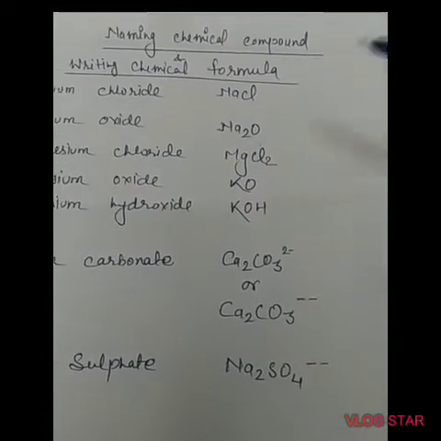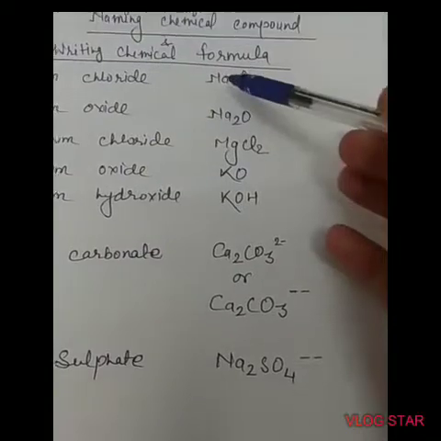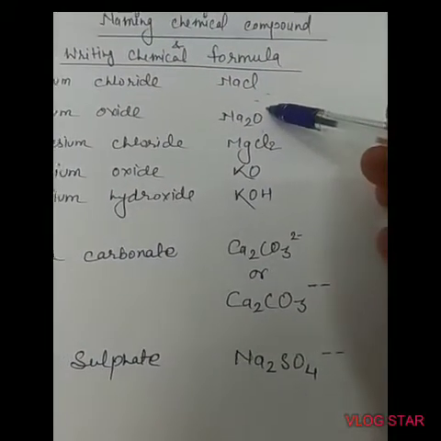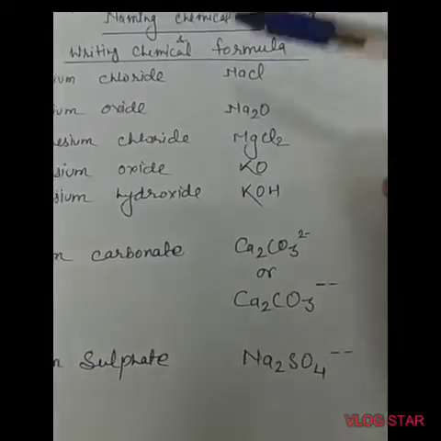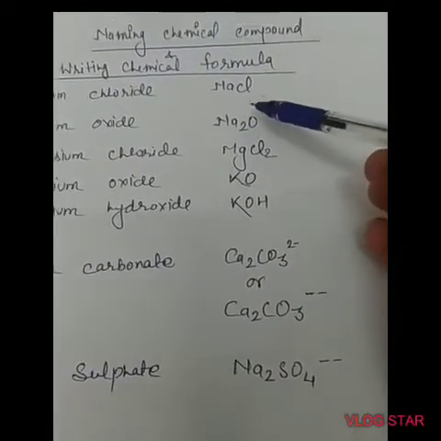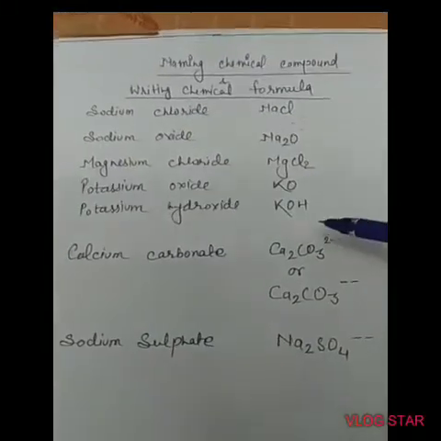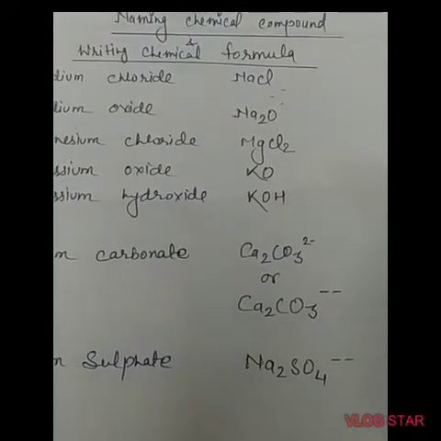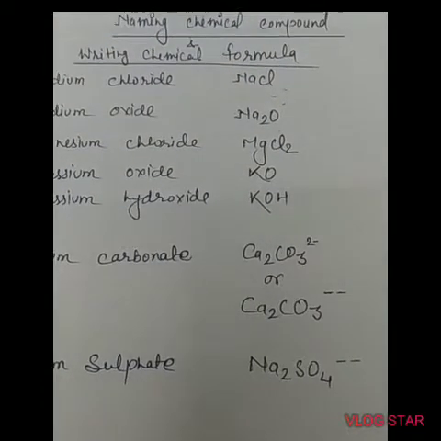Here you can see it is a group of atoms, sodium and chloride. When two atoms chemically react with each other, they form compounds. Okay, this is called a compound.